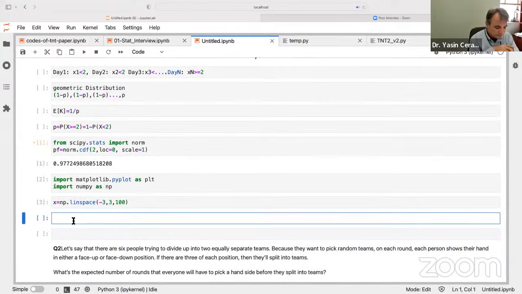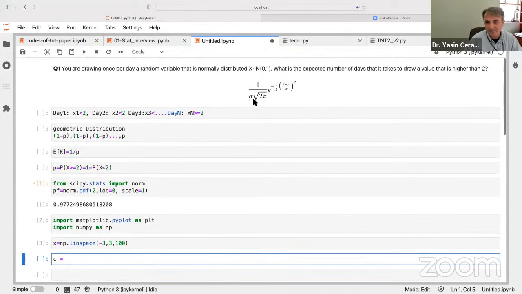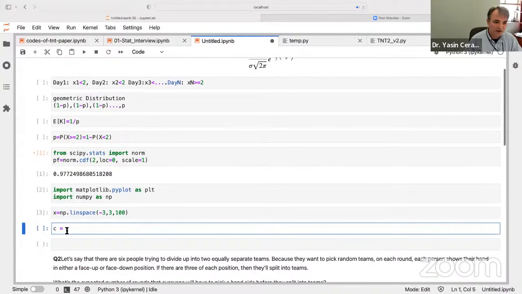Let's do it. So first of all, let me write the constant term. Let's call it C. The constant term in front of the exponential function, okay? 1 over sigma times the square root of 2 pi. So it's going to be 1 over sigma, and basically sigma is 1, but let me write it here for the sake of completeness. And then I'm going to use numpy square root of 2 times numpy pi.